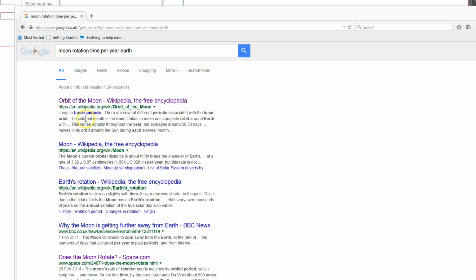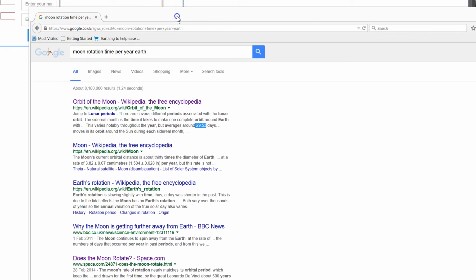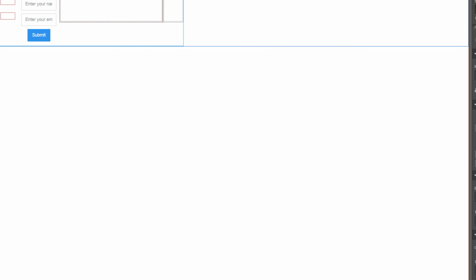Sidereal month is the time it takes to make one complete orbit around the Earth. So basically what it's saying here, it's an average of 30 days for the moon to go around the Earth, right? About 30 days. So that's about 12 times a year. Now, 12, that's kind of rough facts. That's all we need for this. So let's get to our model.